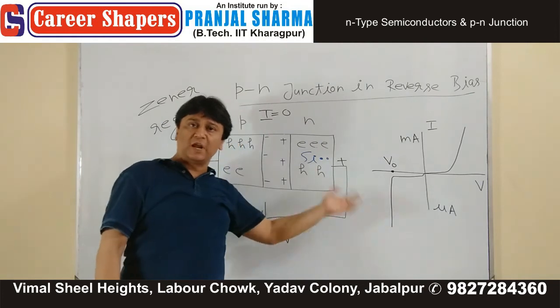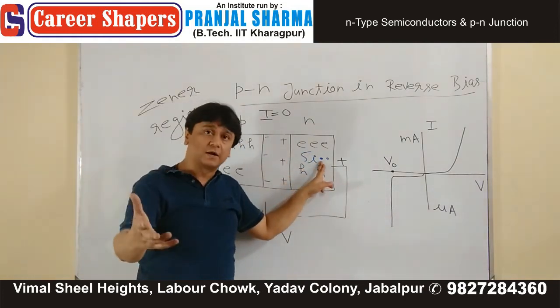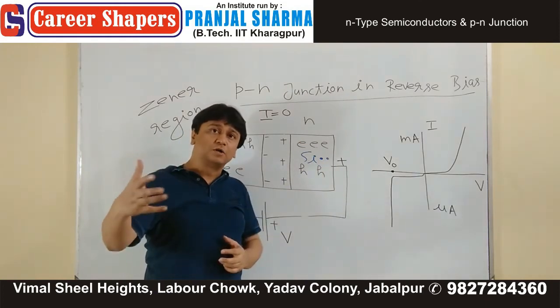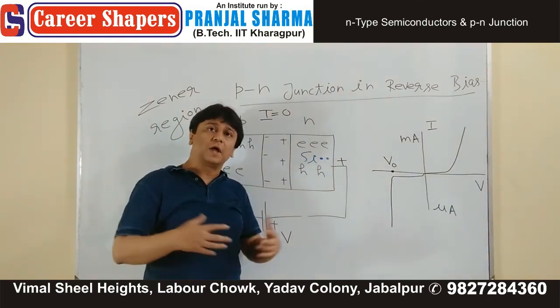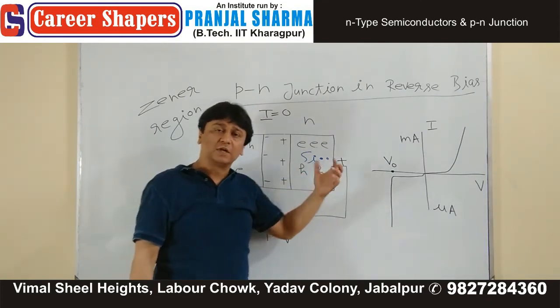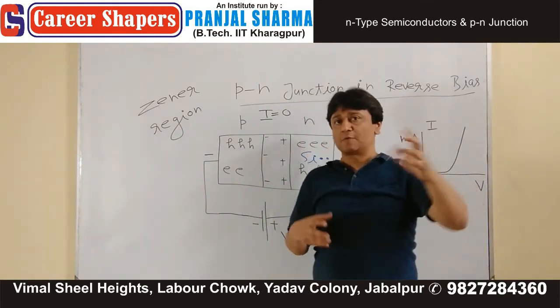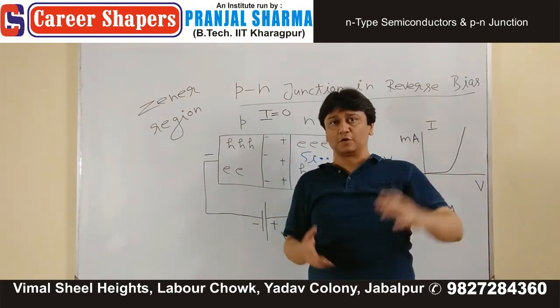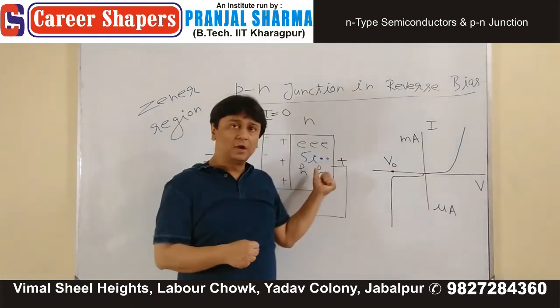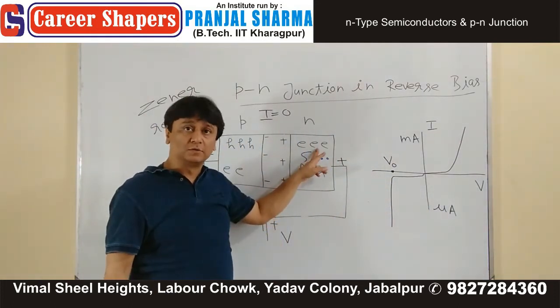But as you keep on increasing the voltage, more bonds break. And as more bonds break, there is an increased supply of holes and electrons. This increased supply, what it does, let's talk about electrons. As these electrons are available and when they move, they collide with other bonds.